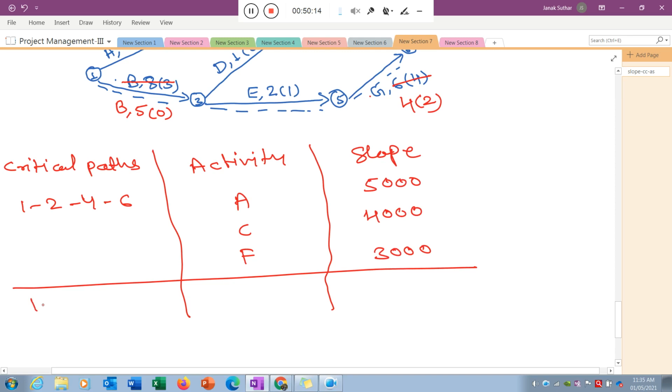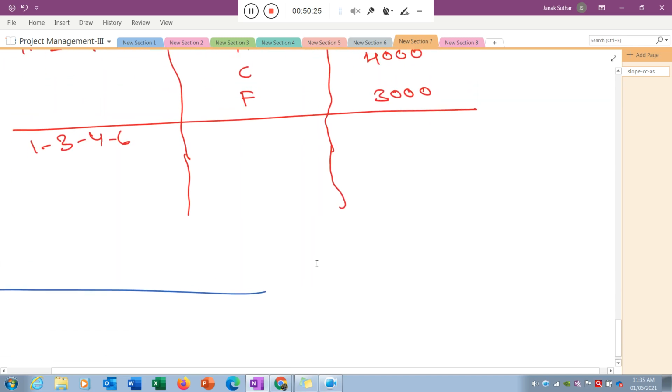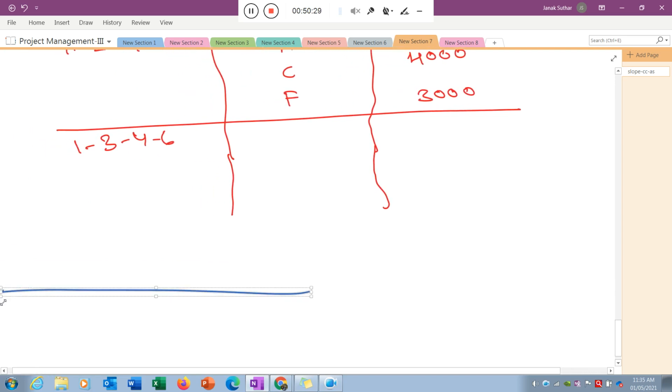Next, 1346. Okay, so in 1346 you can see there is B, D, F, those are the activities. Okay, I just put quickly all three paths here.